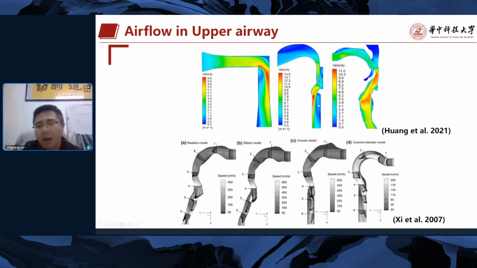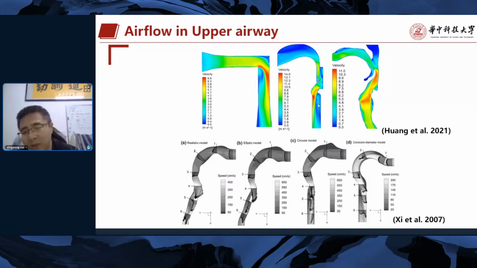But one interesting thing is that although all of these airflow fields are different, we could find a way to present the particle deposition with some particular parameter such as the Stokes number. Even if the airway is very different and the airflow is somehow different, we can still get some similar deposition fraction.